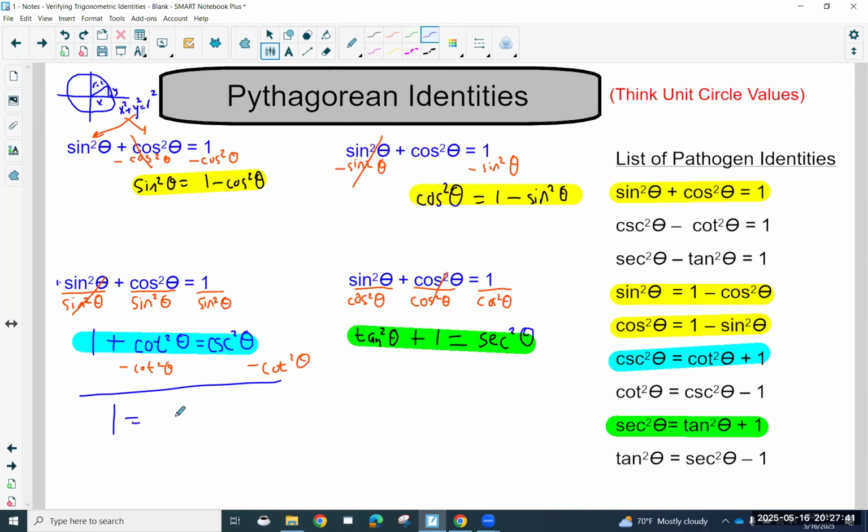I get 1 is equal to cosecant squared theta minus cotangent squared theta. And that one is up here, right? Cosecant squared minus cotangent squared is 1. And so it's kind of interesting. I'm highlighting them all so you can see where they all come from. So this one came from dividing by sine, so this one is connected to that one.